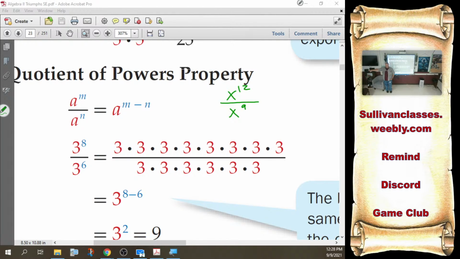When I divide exponents, I just subtract the exponents. 12 minus 9 is... Yes, x to the third. You don't have to overthink these.